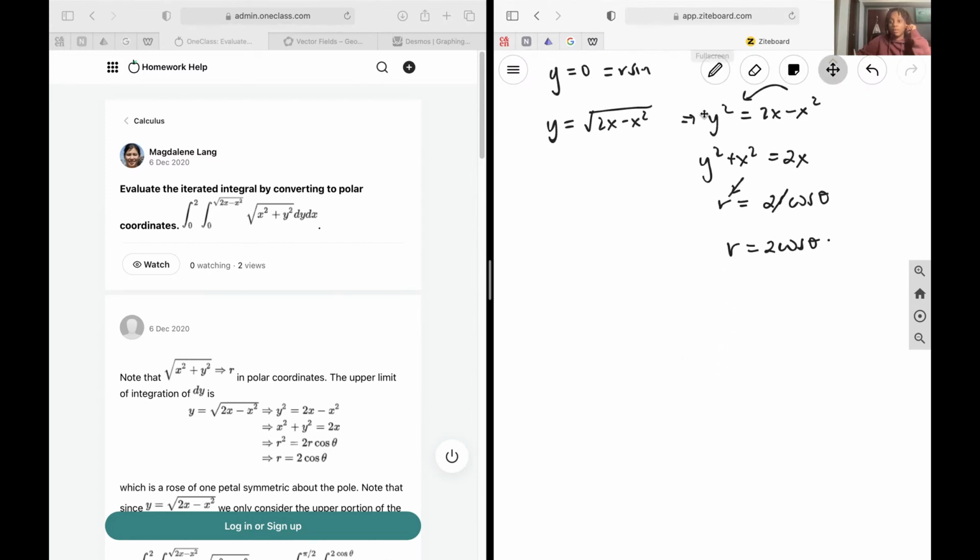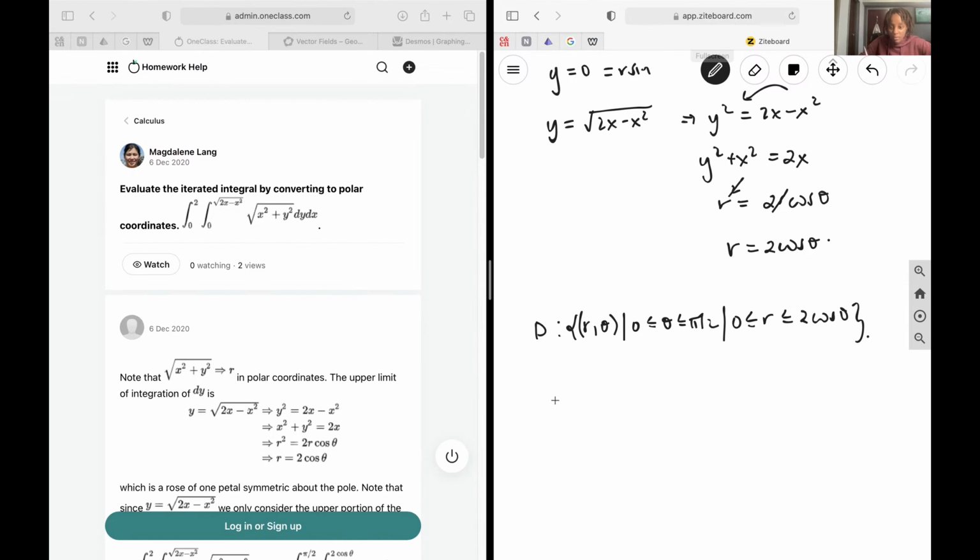And so now when we write out our new region D in polar coordinates, this will become integrating from 0 to pi over 2, and I'm integrating from 0 to 2 cos theta. And those will be my bounds.